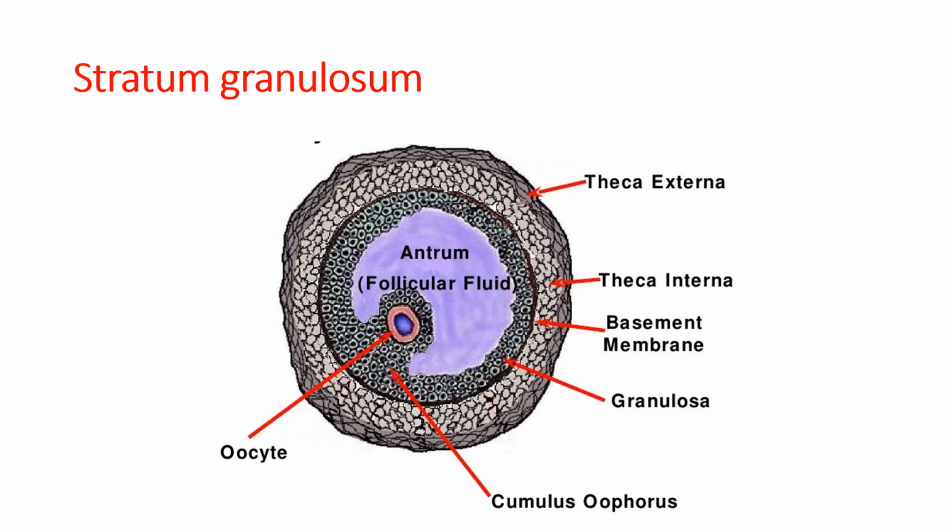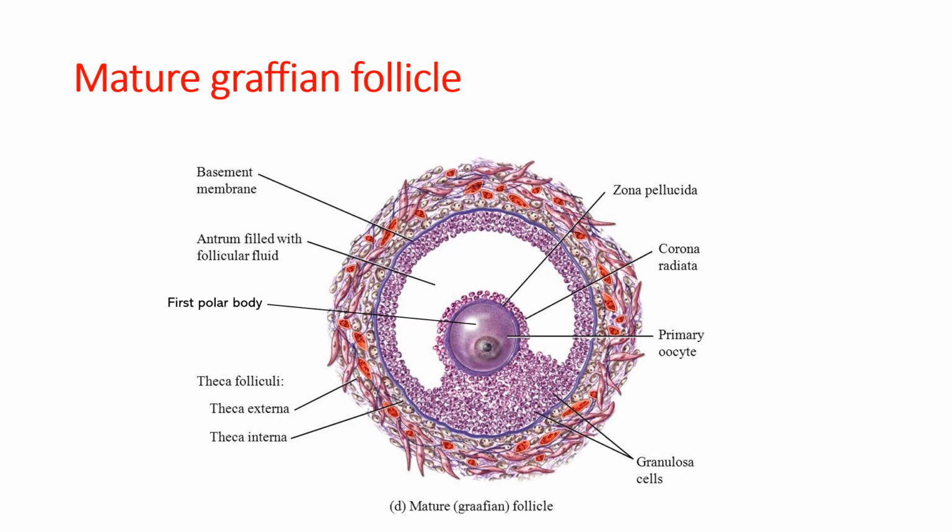The outer layer is the stratum granulosum and the inner layer which surrounds the primary oocyte is the cumulus oophorus. The theca folliculi is differentiated into theca externa and theca interna, that is the outer fibrous layer and the inner vascular layer.